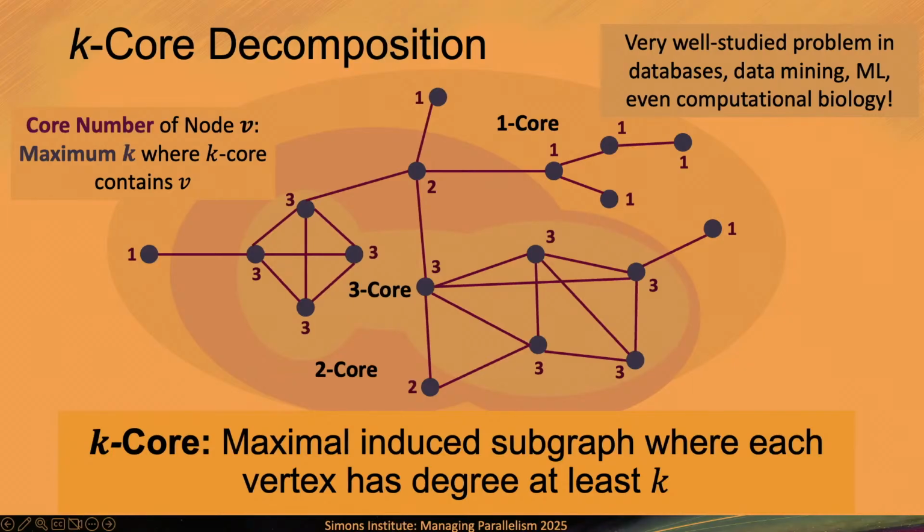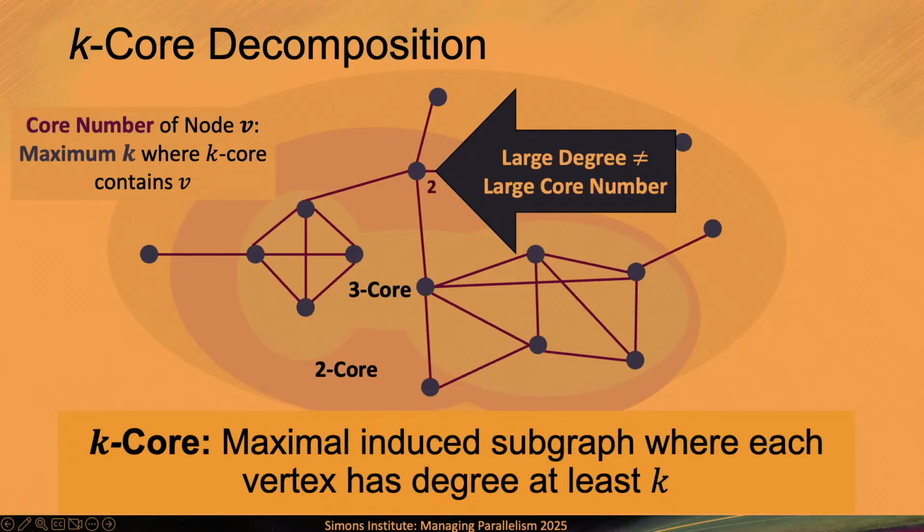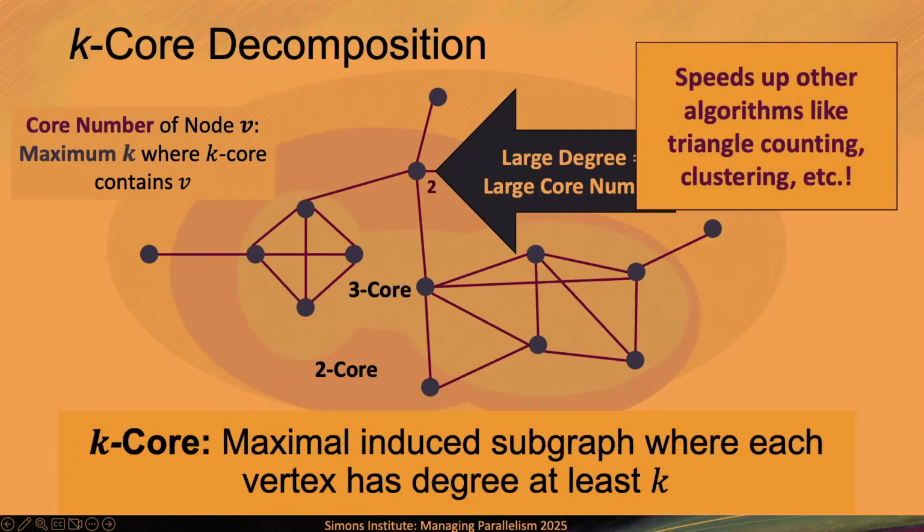This is pretty well studied in databases, data mining, and ML communities, and is gaining more popularity also in the theory community. One characteristic, which I already pointed out in the previous example, is that large degree doesn't necessarily mean large core number.